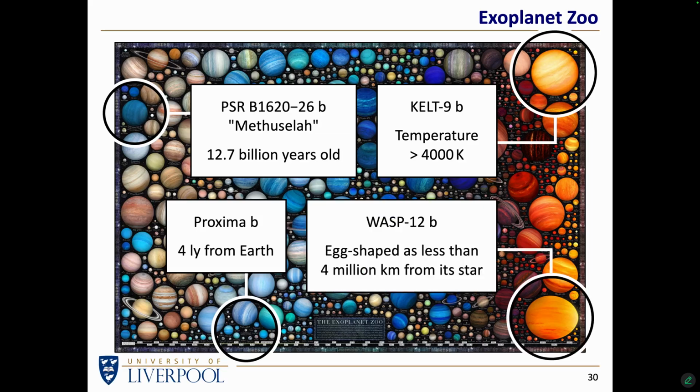That planet is egg-shaped because it's relatively close to its host star, only 4 million kilometers. Remember, the Earth is about 150 million kilometers from the Sun, so this is very close to the star it's orbiting, and because of that, it's actually being stretched out into an egg shape.